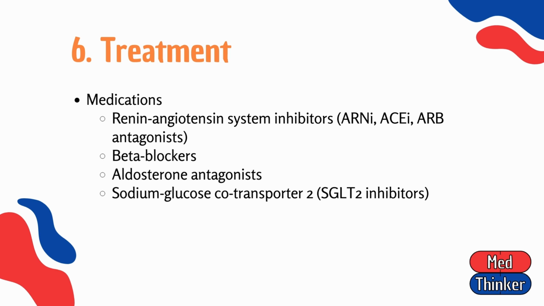These are for long-term management of heart failure. When it comes to acute exacerbation of heart failure, you might see a slightly different approach. For example, you might see people being given diuretics such as furosemide.